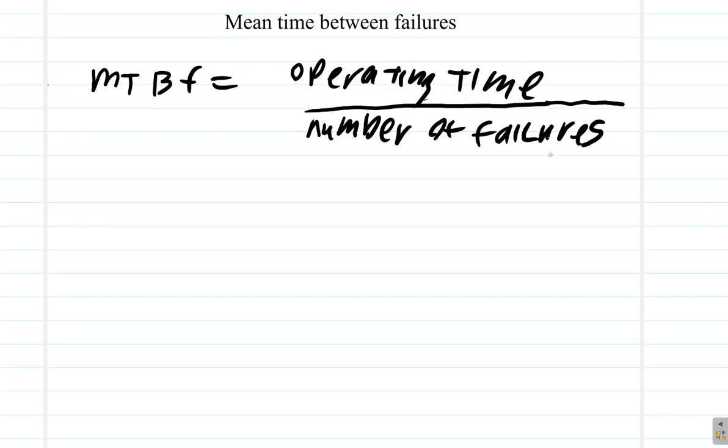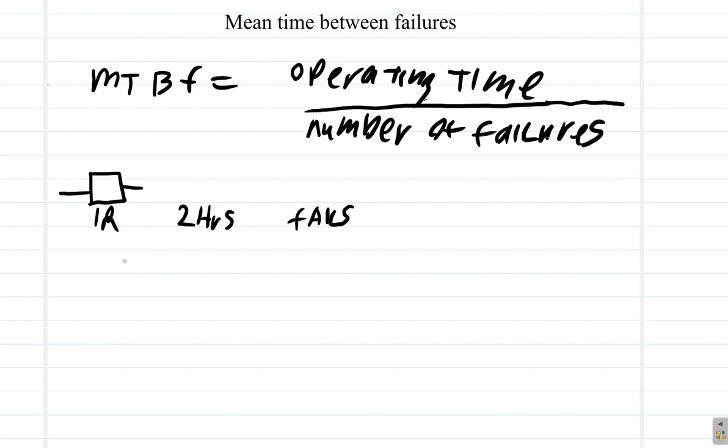Let's look at calculating the mean time between failures. Now, suppose you have one resistor being tested for 2 hours and it fails.